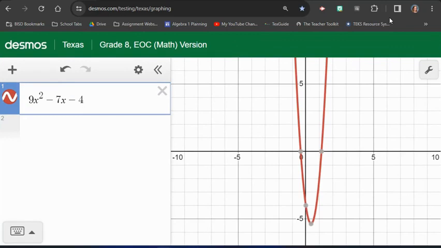That's what was given to us, where it says equals 0. And what we're trying to find is where it crosses the x-axis. It's here and here. But we want to use the quadratic formula because we can graph it using Desmos, but we can also use this quadratic formula.